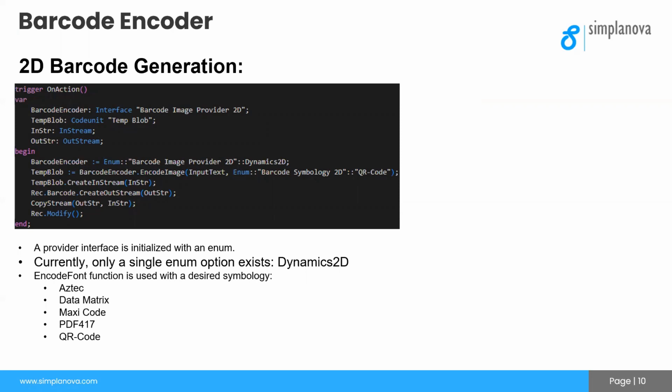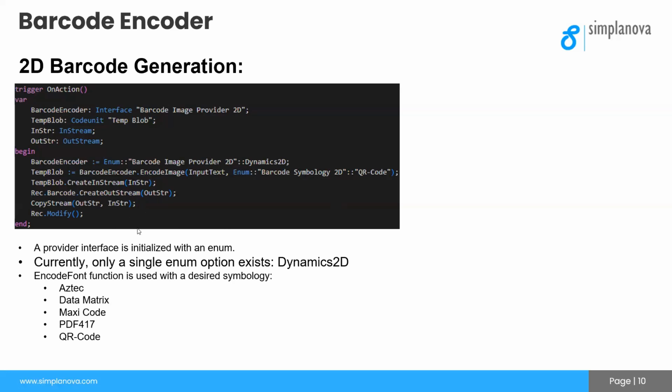In this scenario, what we have to use is the barcode encoder interface, and simply use streams and a temp blob or any other blob where you can store the image. All it takes is to initiate the barcode encoder by simply assigning an enum to it, to what kind of barcode it is, which is Dynamics 2D, but there might be other providers later in the future.